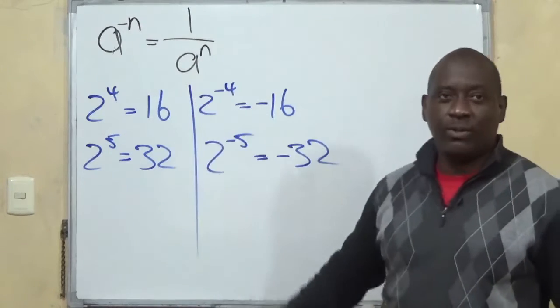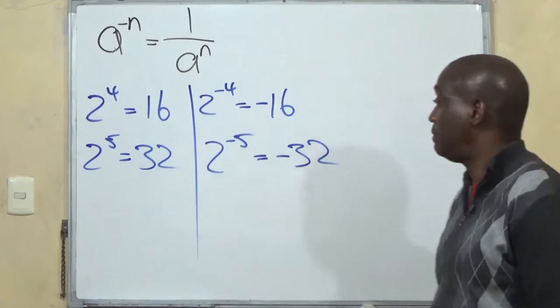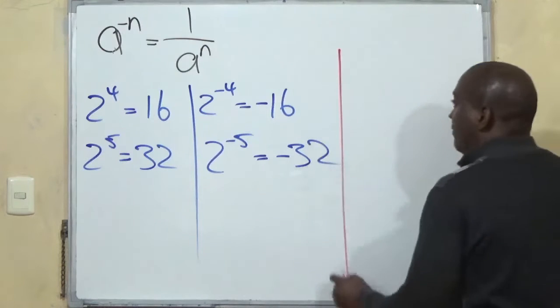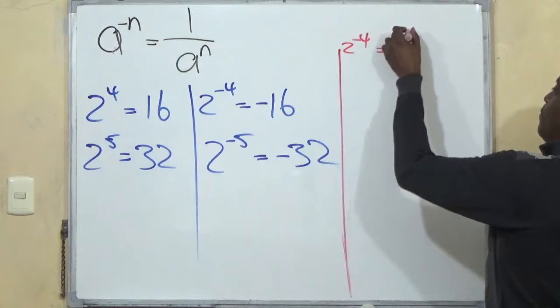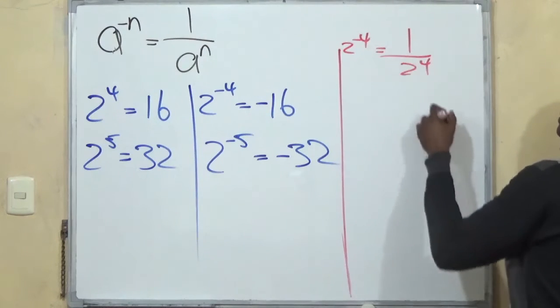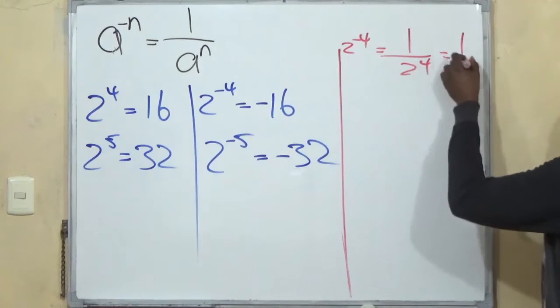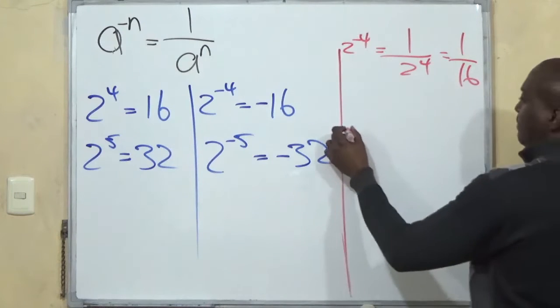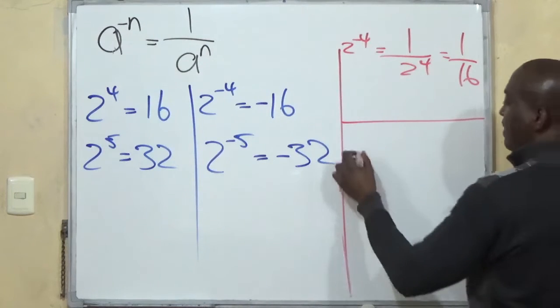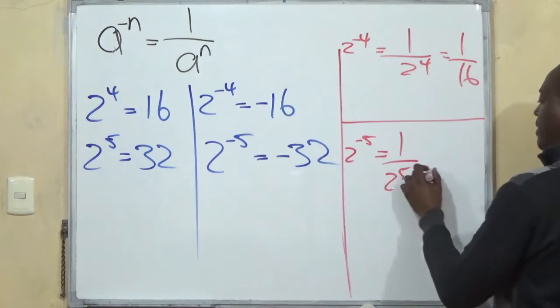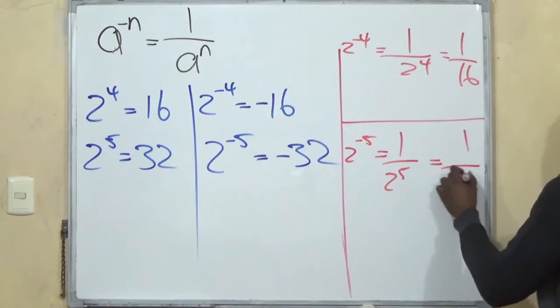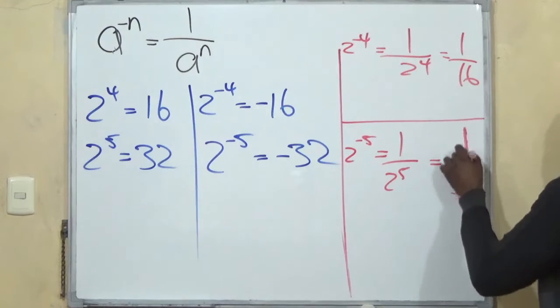Because according to this law here that we're now trying to learn, 2 to the minus 4 is supposed to be 1 over 2 to the power of 4, which is 1 over 16. And 2 to the minus 5 is supposed to be 1 over 2 to the power of 5, which is equal to 1 over 32.